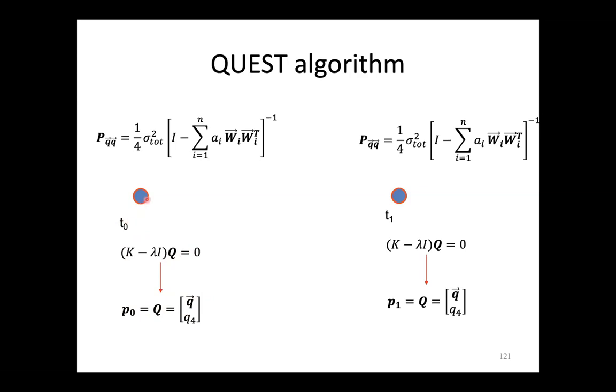The Quest algorithm also enables the estimation of the covariance matrix by using this approach, with the theoretical assumption that we have seen before. So at that time, we're going to have an estimation of P0, and we are also going to have the covariance matrix.